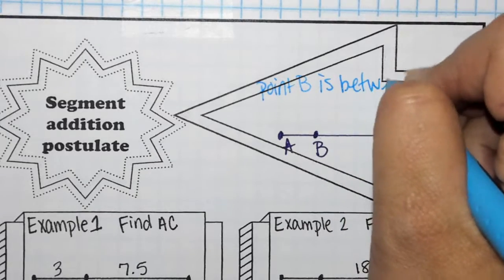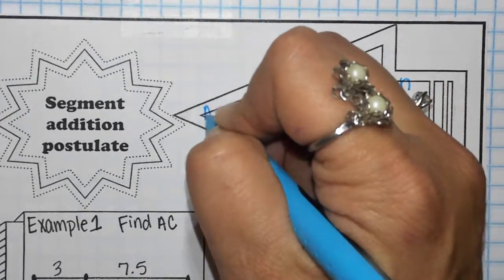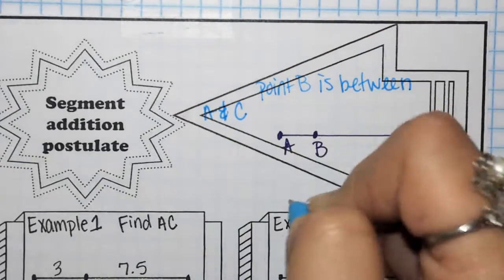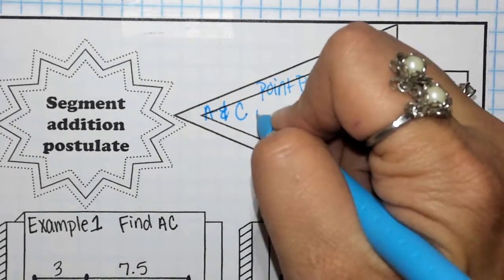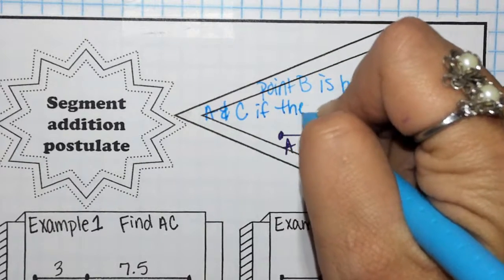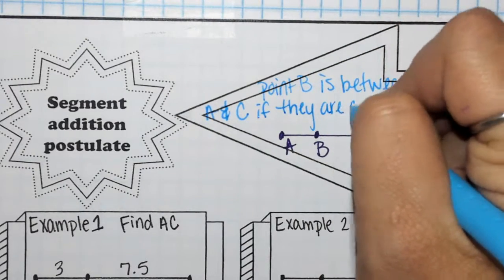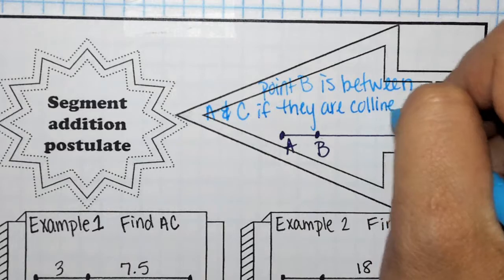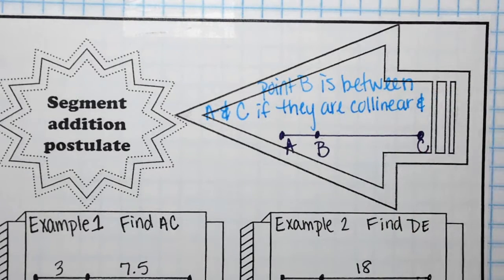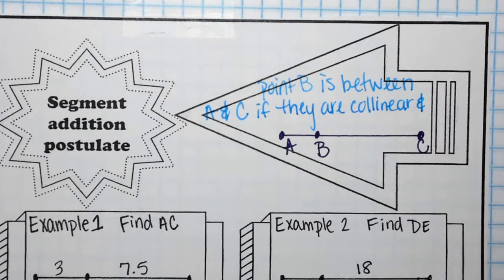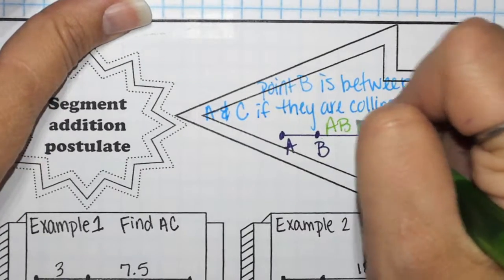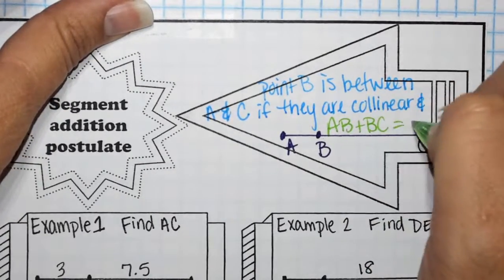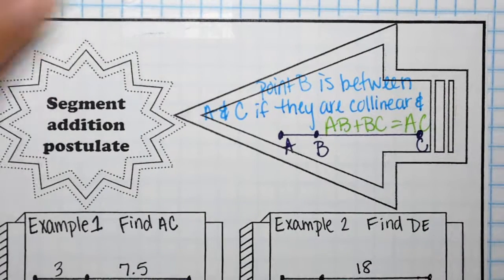All right, so this says that point B is between A and C if they are collinear, and this is a segment addition postulate. AB plus BC must equal AC.